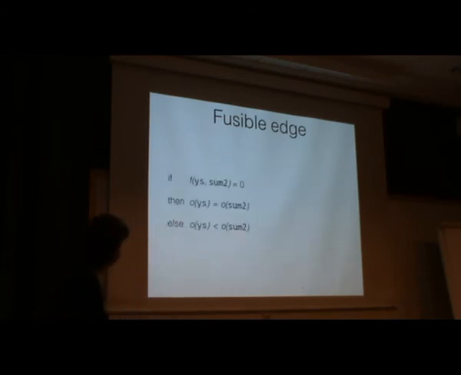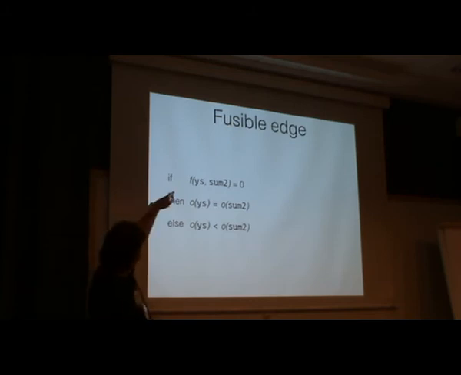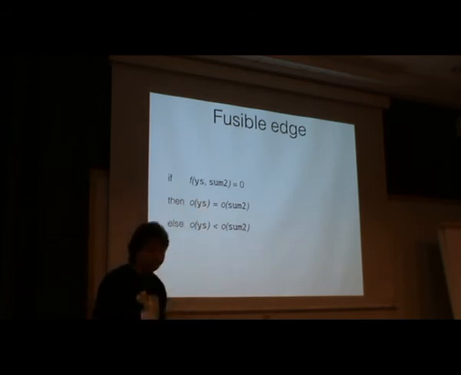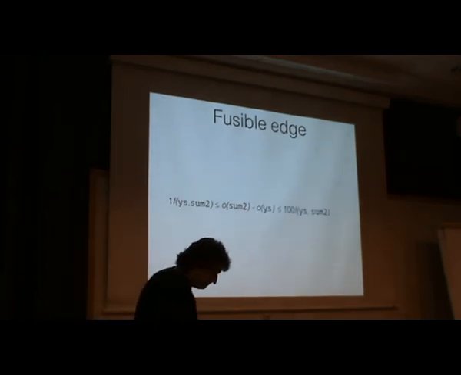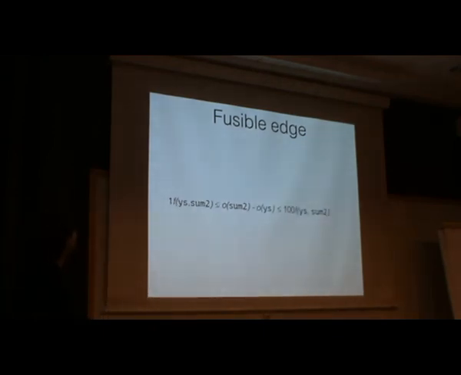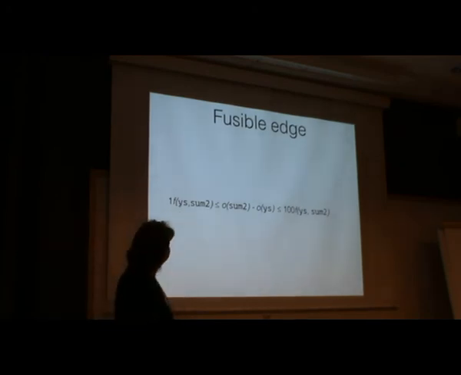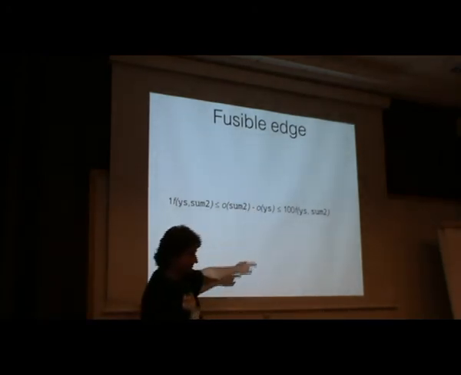So what we want to write is something like this, but that's not a linear constraint. So if f of y's and sum2 is 0, then they're the same, else less than. So we end up with this: 1 times f is less than or equal to the difference, which is less than or equal to 100 times f.